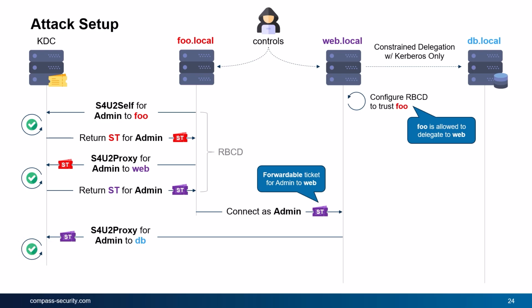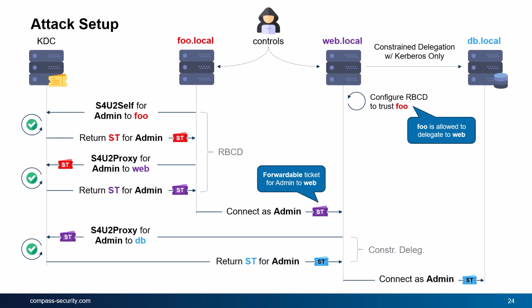So is web.local allowed to delegate to db.local, which was already the existing setup. Again, if everything is valid, we will receive a service ticket for admin on db.local, and this part then concludes the constrained delegation feature, and we will, as a result, be able to connect as admin towards the db.local system.